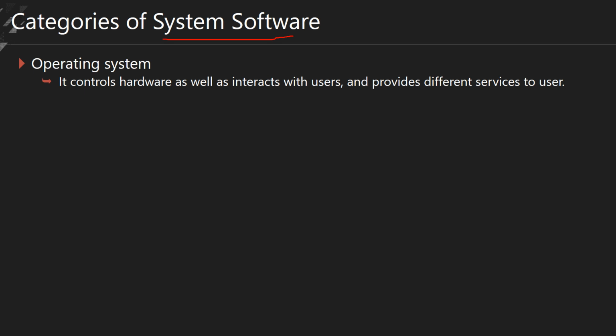Once you understand system software and application software, let us understand the categories of system software, right? The operating system controls the hardware as well as interacts with the user, and provides different services to the user.